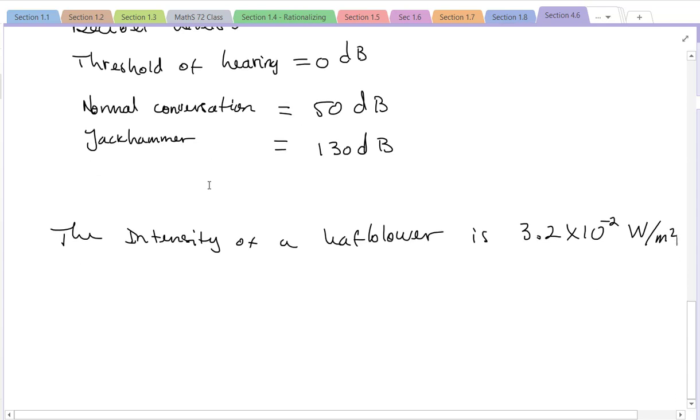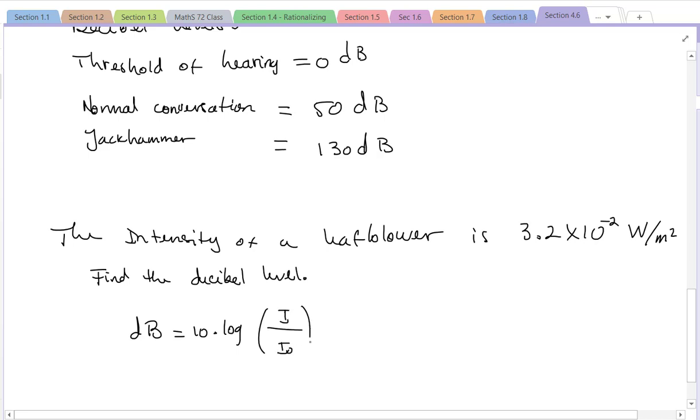Okay, so back to this. The intensity of the sound of a leaf blower is 3.2 times 10 to the minus 2 watts per meter square. So find the decibel level. Our equation is B is equal to 10 times the log base 10 of the intensity of the object divided by the reference intensity.